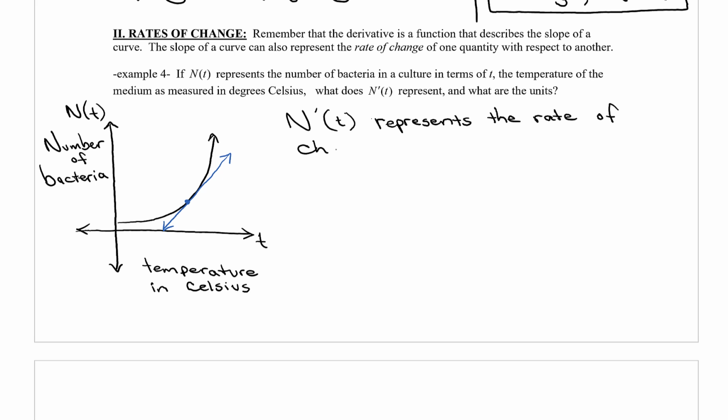So N'(t) represents the rate of change of number of bacteria with respect to temperature.